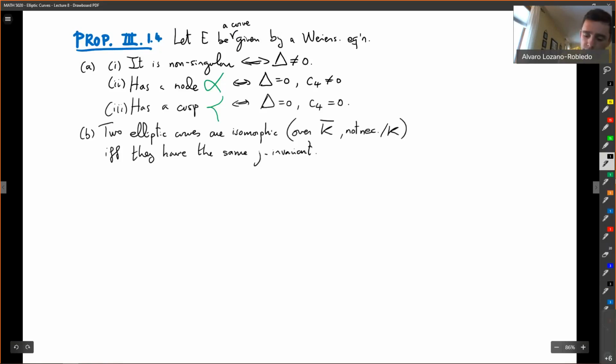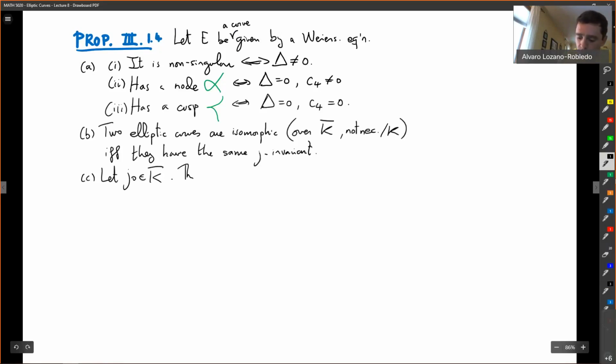And finally, it turns out that for any j, any number in K bar, there is an elliptic curve with that j-invariant. So let j naught be a number in K bar, including 0.